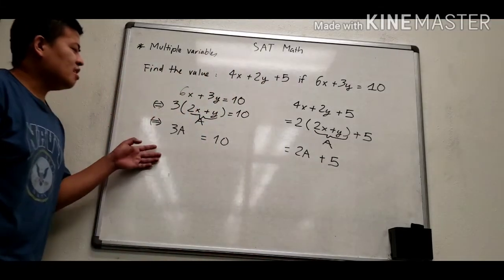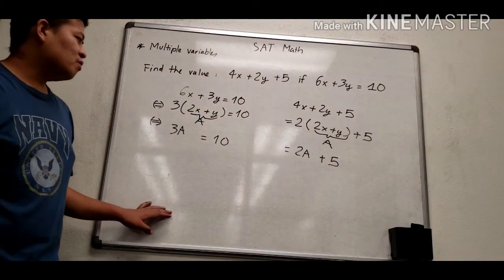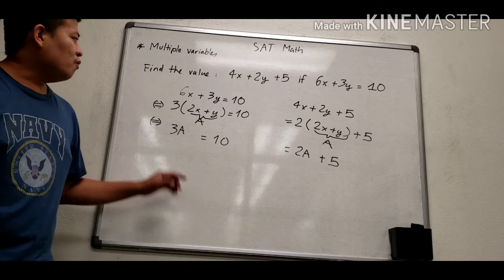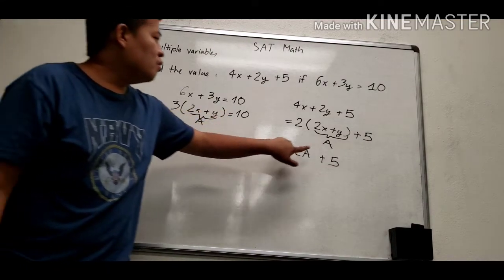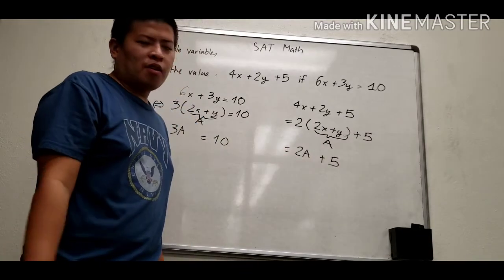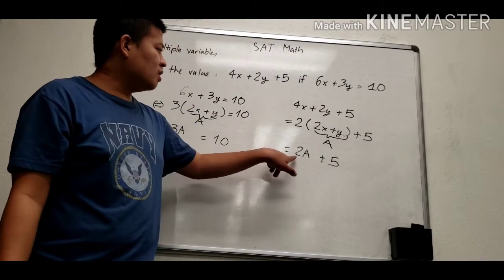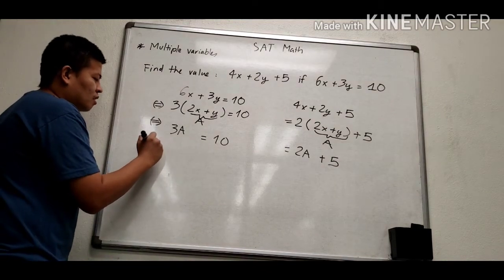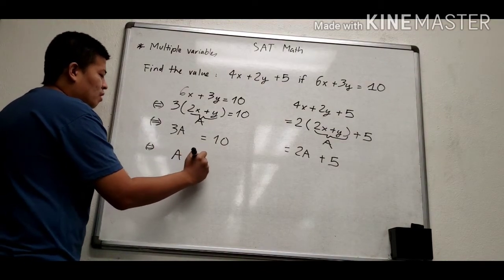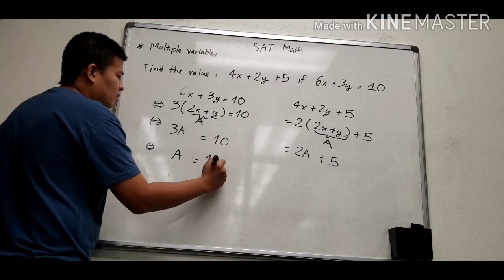You can see that this makes it so easy to understand how to transform multiple variables into a single variable to resolve. In here you can see 2a plus 5, and we have 3a equal to 10. Capital A will become 10 divided by 3.